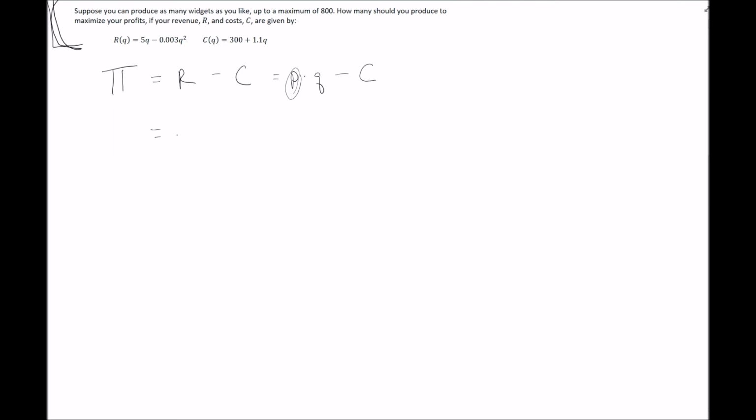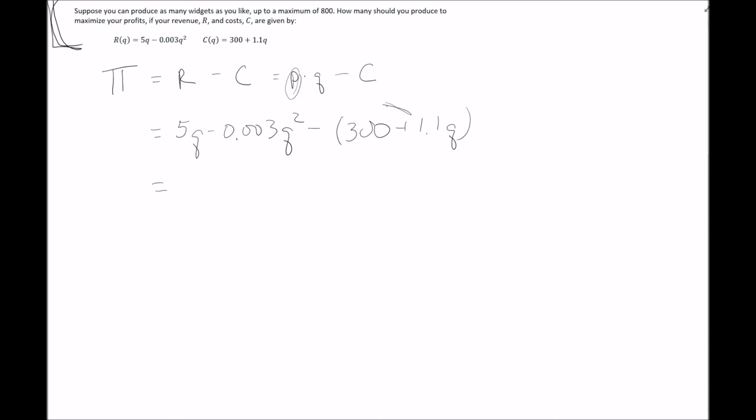So we have that the revenue is 5Q minus 0.003Q squared. And we're subtracting from that 300 plus 1.1Q. Okay, so here we have an expression in Q, a quadratic in Q. We're going to combine the two terms.